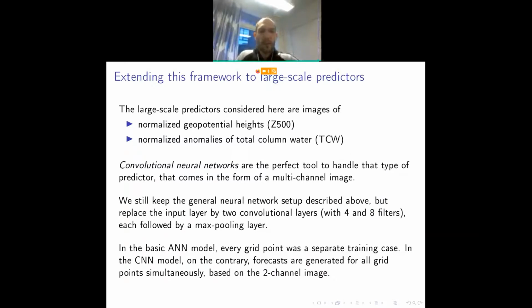For this, again, we use neural networks, but now a special type of neural network is particularly suitable for that task, the so-called convolutional neural networks, which have been designed specifically to interpret image information. And our large-scale predictors are essentially that. They are basically a 2-channel image of these 2 variables. And so we're trying to train this neural network to translate this image into precipitation anomalies.